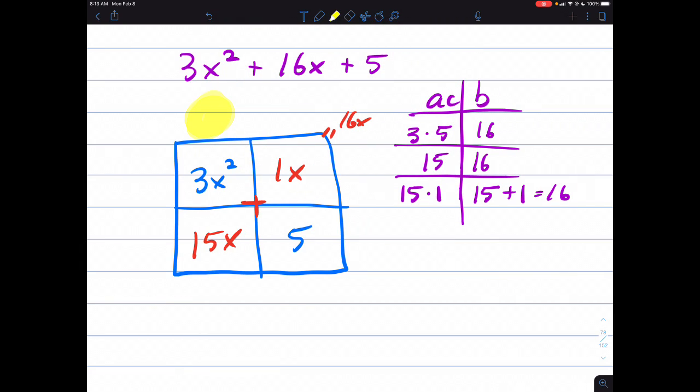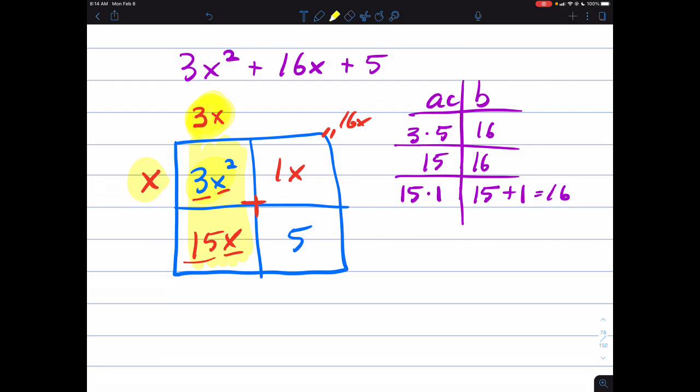I need to find this number, so look down to find this number. GCF, look at 3 and 15 first. Those are both divisible by 3. They also both have x's, so 3x goes here. And then I think, 3x times what gives me 3x squared? Well, that has to be x.